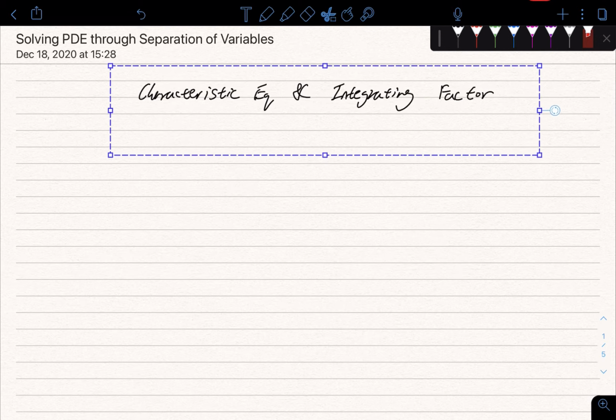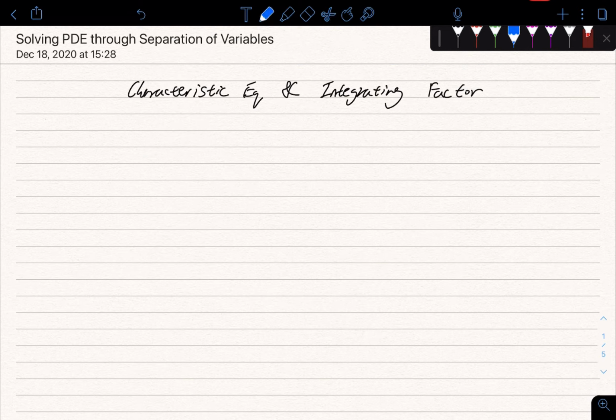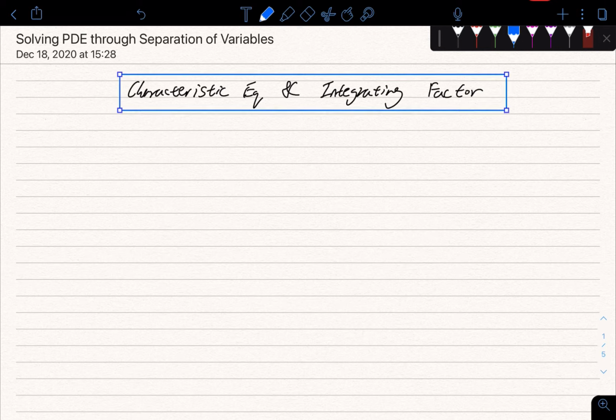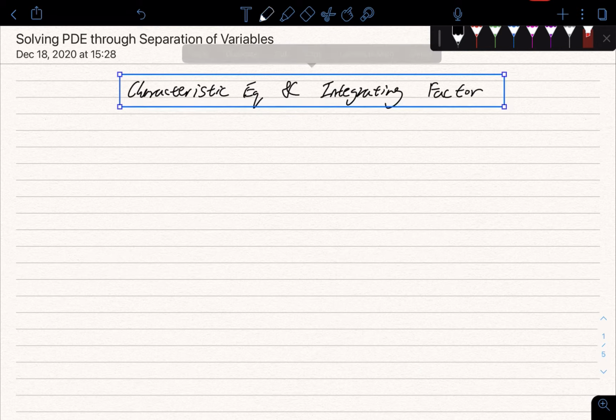I'm going to draw some blue boxes to indicate that this is a topic. So just like that. Let's talk about characteristic equation first.